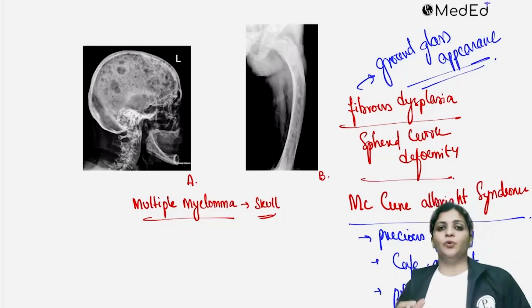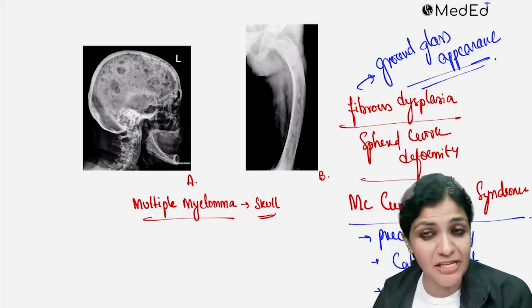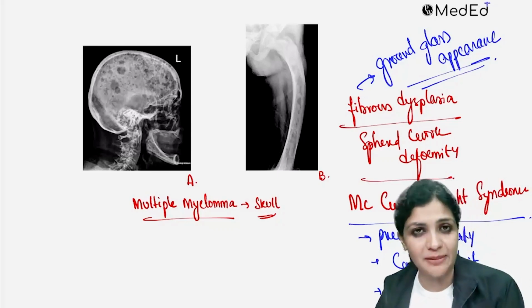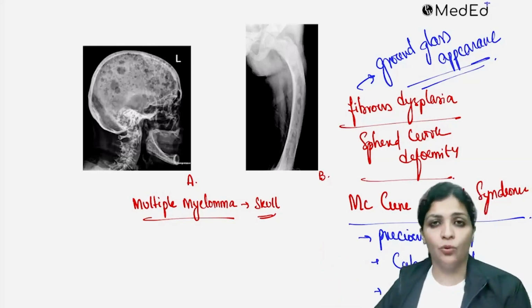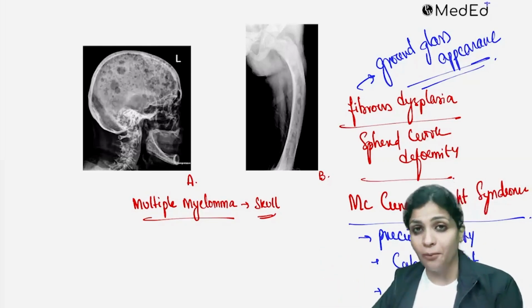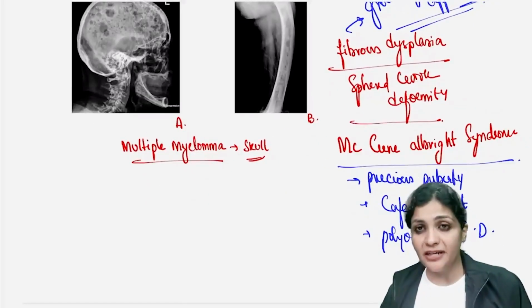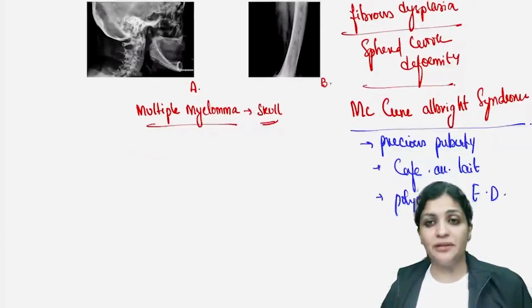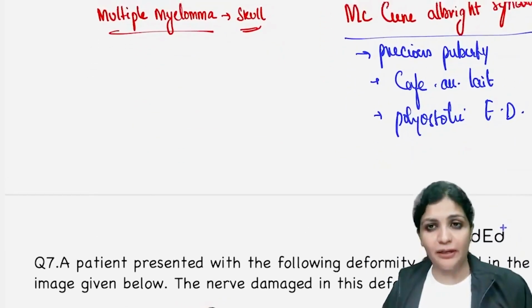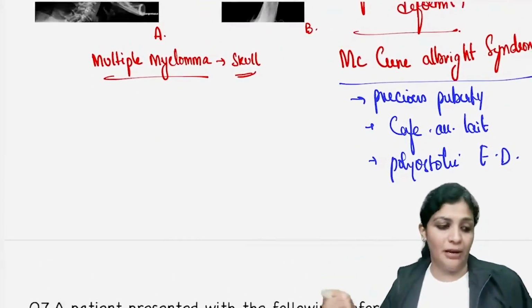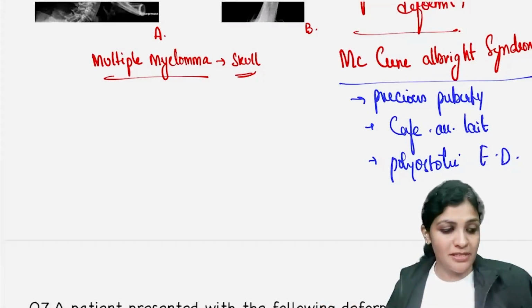Because the marrow is completely replaced by fibrous tissue, it presents as a ground glass appearance, and this is known as a shepherd's crook deformity because the bone gets deformed like this, right? And there is a condition called McCune-Albright syndrome, where you see precocious puberty with cafe-au-lait spots with polyostotic, meaning multiple bones involved in fibrous dysplasia. Then what is Mazabraud syndrome?